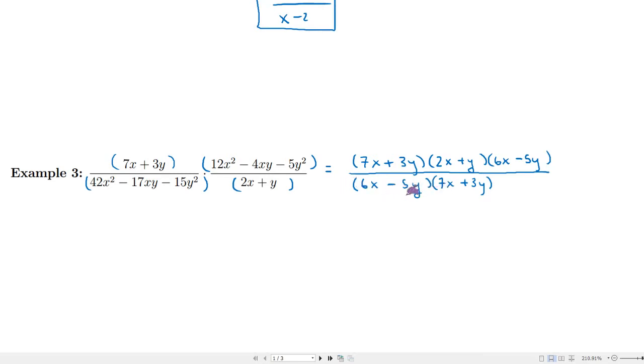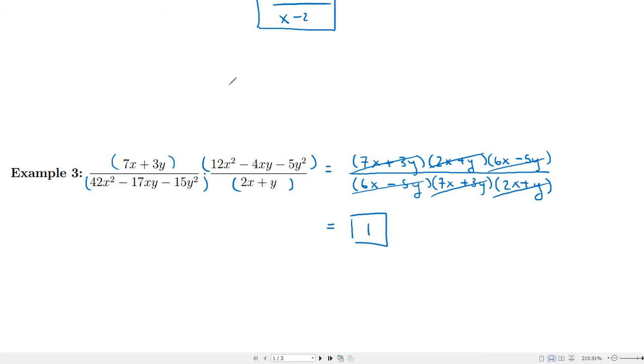Okay, so this looks good. Okay, and then 2x plus y. Now, does this reduce any more? So the 7x plus 3y, we can reduce this, and the 2x plus y we can reduce, and the 6x minus 5y also looks like we can reduce. So surprisingly, all that stuff reduces, and we get 1 over 1, which is 1.